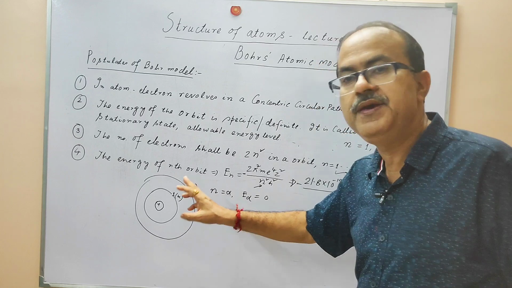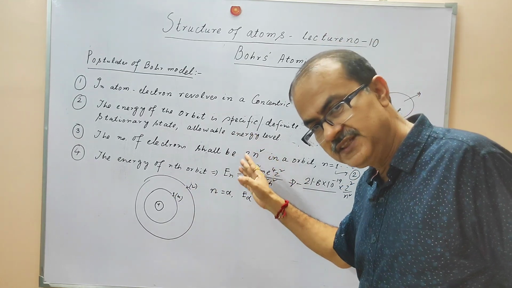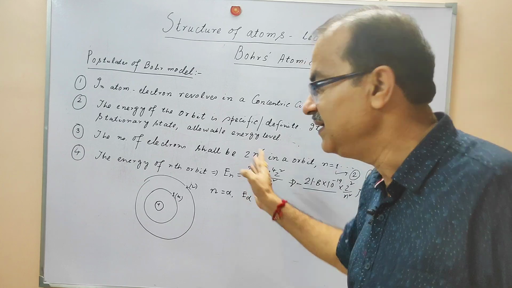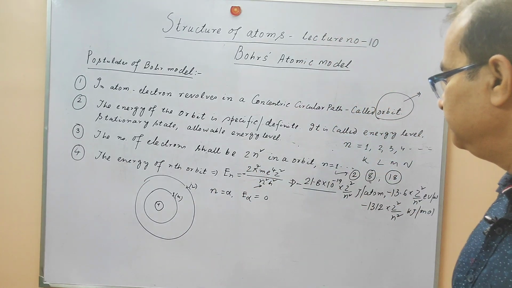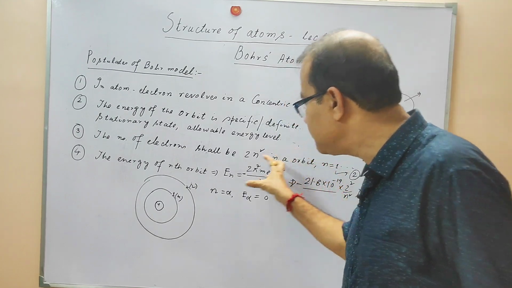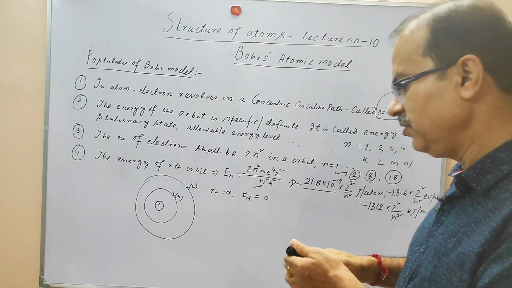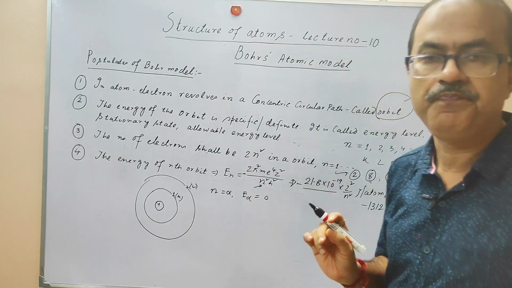The second orbit will have higher energy than the first. The first has lower energy than the second, and it will continue this way. Now this expression is helpful when we are talking about the hydrogen atom.